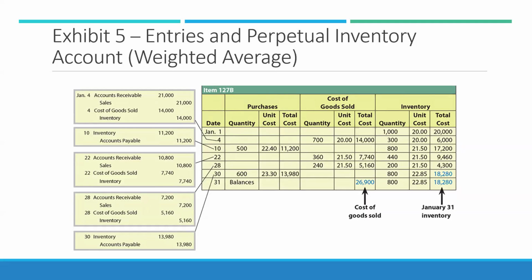This is calculated by taking 20 times the 300 that's left, and 22.40 times the 500 purchased, and we get the total cost of 17,200, and we divide that by the 800 to get $21.50.